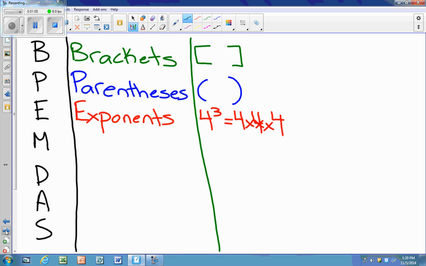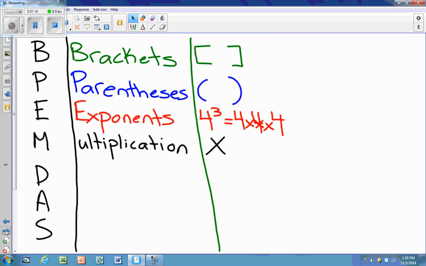M stands for multiplication. We all know the symbol is this. D stands for division. Symbol is this, and the reason I kept them the same color is because multiplication and division will happen at the same time from left to right in the expression.